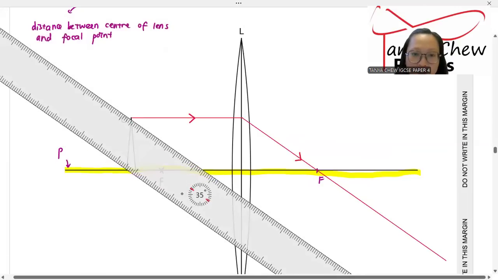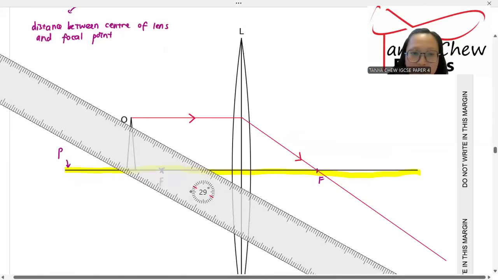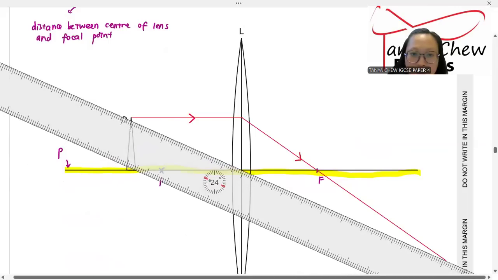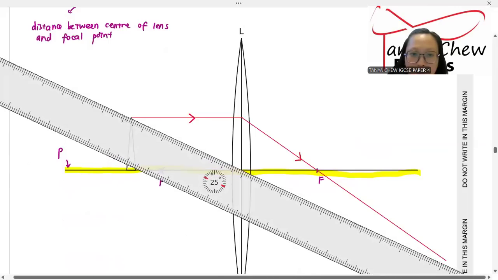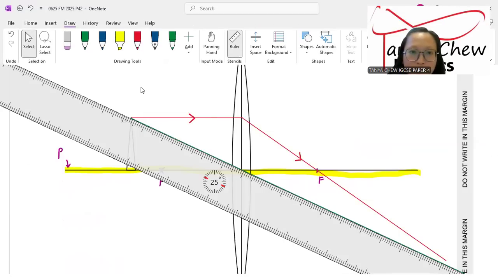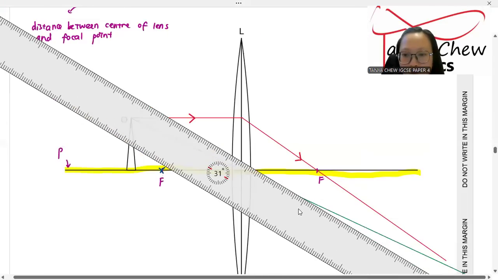Any ray that passes through the center of the converging lens, or any lens, from the object will just go through straight. You see that? So this one I might need to draw longer. Give me a while.